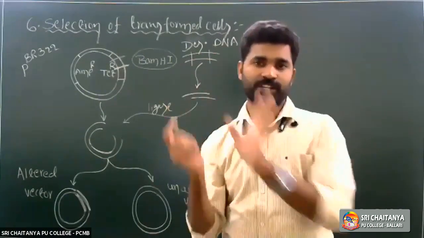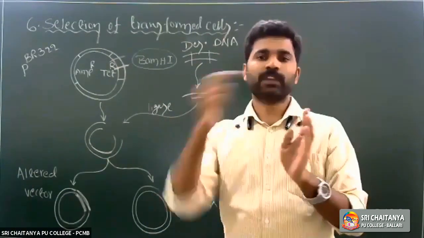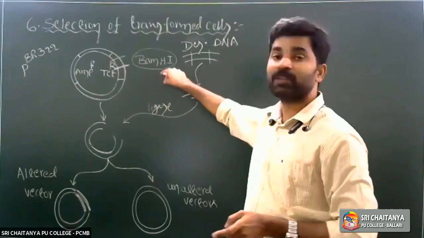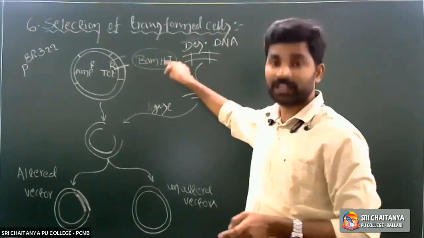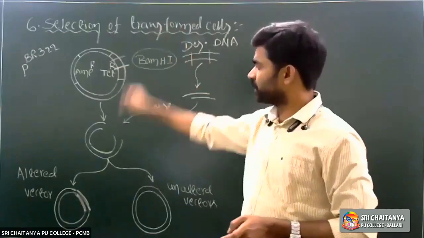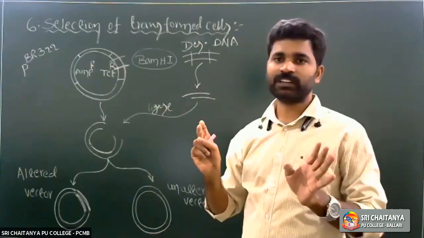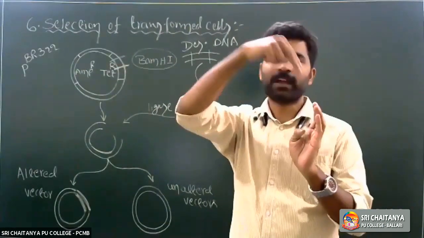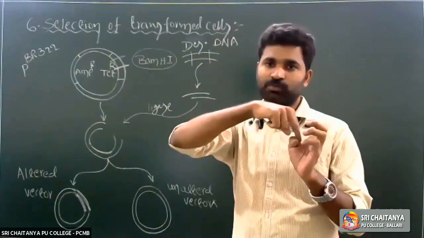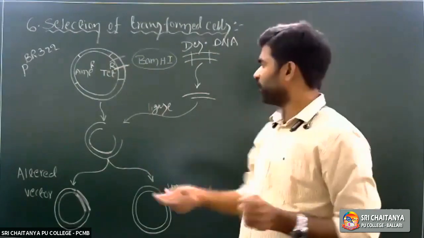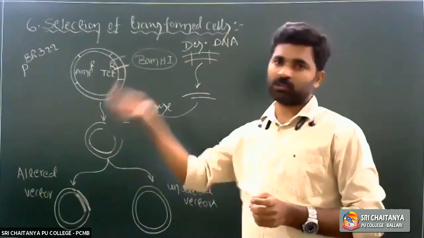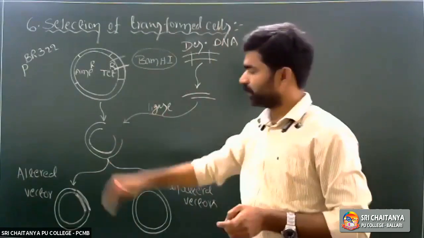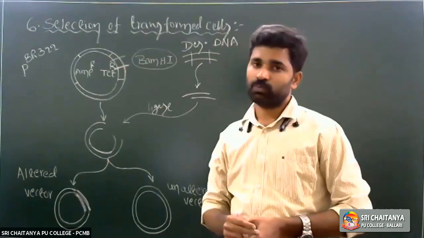Both of them are treated with the restriction endonuclease enzyme, BamHI, which results in the formation of sticky ends. Again, we have to add those foreign segments into the plasmid test tube, and we add ligase enzyme also. With the help of ligase enzyme, the foreign genetic material is inserted into the vectors.